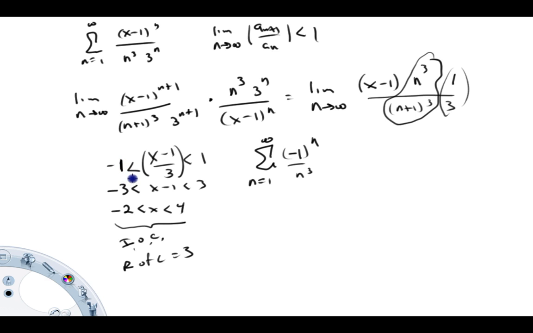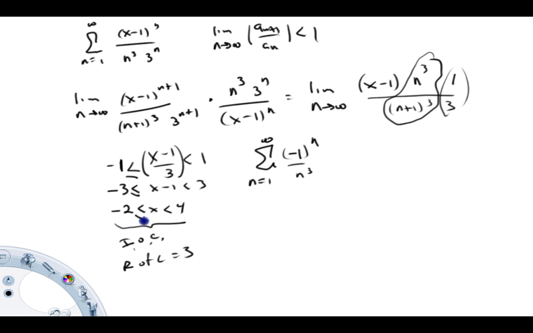And what I'm doing is investigating the equality part, whether or not we can put equality on that inequality statement. Now when we look at this, this is an alternating series. However, even ignoring the alternating part, the sum from 1 to infinity of 1 over n cubed is a convergent p-series. Therefore, we can go back to our inequality statement here and add that, because that thing is absolutely convergent on that endpoint.